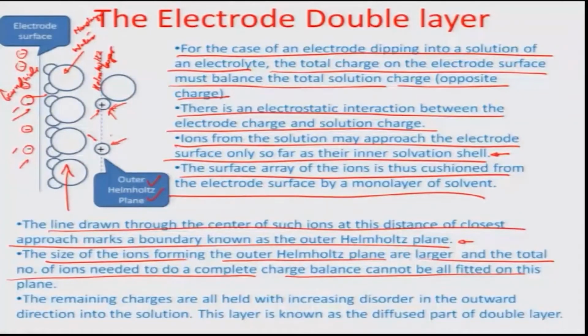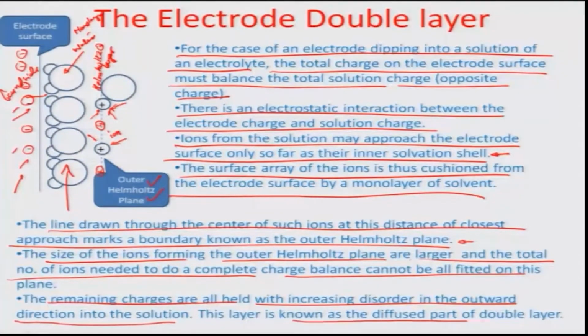You have to mind that this is an ion, so it has a specified size. So this layer of charge, which is the closest layer of charge that can come to the electrode, is unable to balance the total charge on the electrode. Therefore, the remaining charges are held with increasing disorder in the outward direction into the solution, and this layer is known as the diffuse part of the double layer.